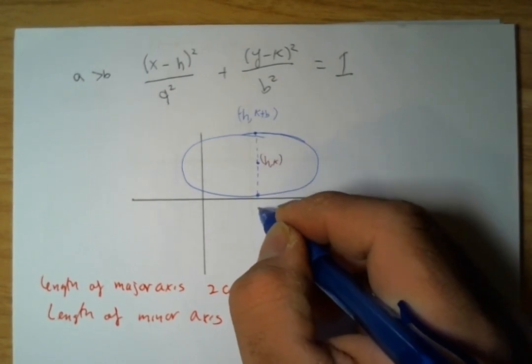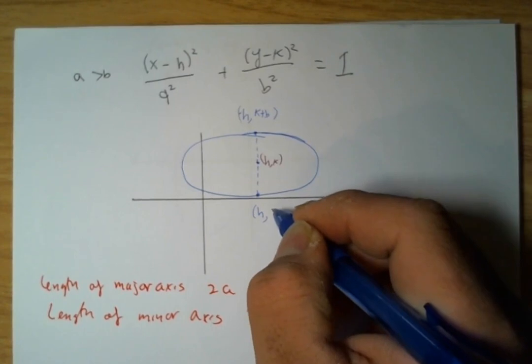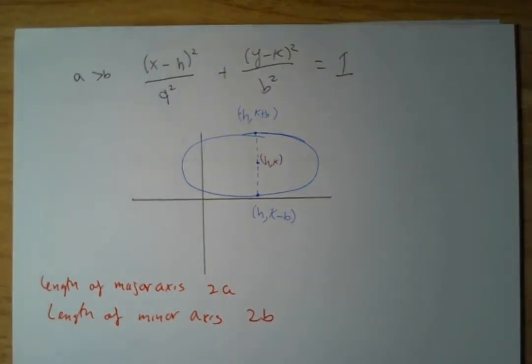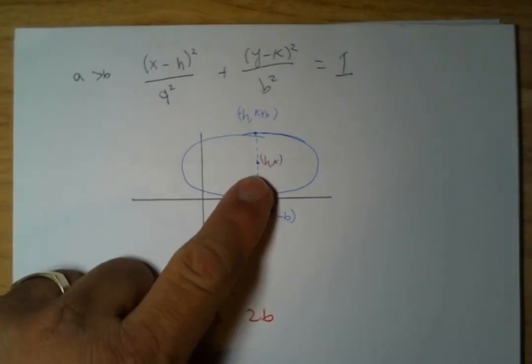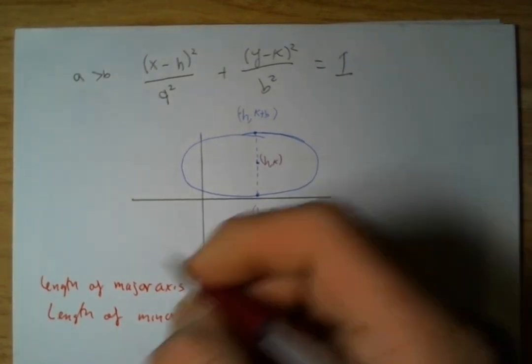And down here, same x value h, and then here we'll have k minus b. Here we're assuming b is always a positive value, and k would depend on where it is on our coordinate system. So this would be our minor axis.